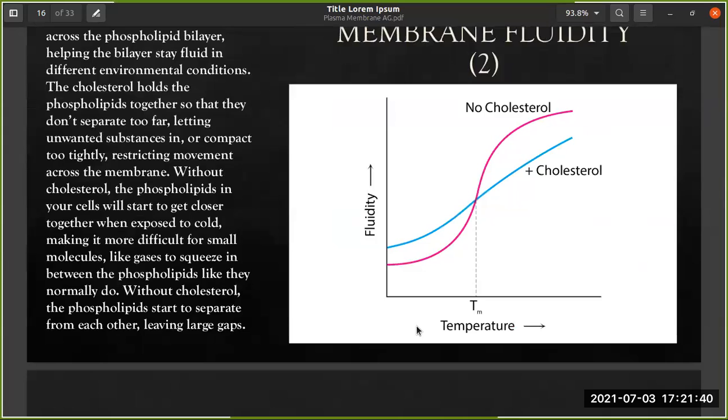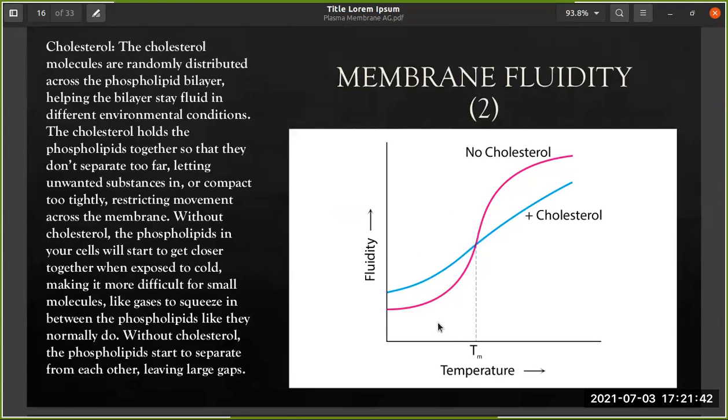So if you see membrane fluidity, if you have no cholesterol, with an increase of temperature it becomes more fluid and liquidish. If you have cholesterol, it becomes less. You can see with cholesterol, the fluidity is reduced. It doesn't become liquidish, or rather it does, but less.